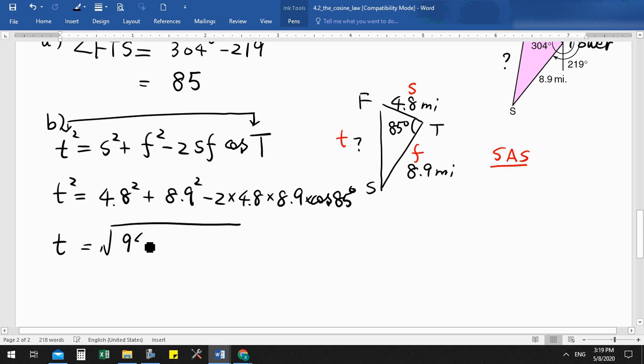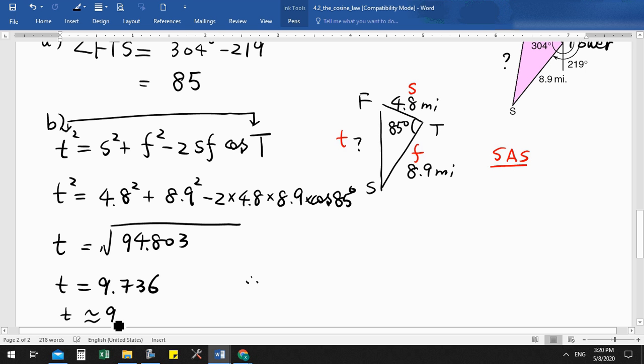Then you have 94.803. We move the squared to the other side, it becomes a square root. So you do the square root, and you have 9.736.